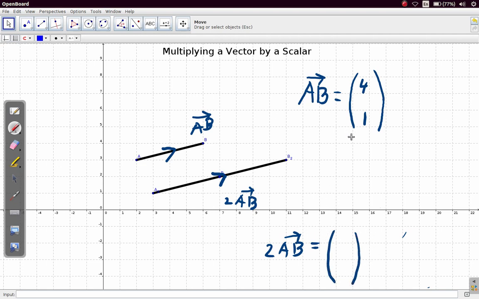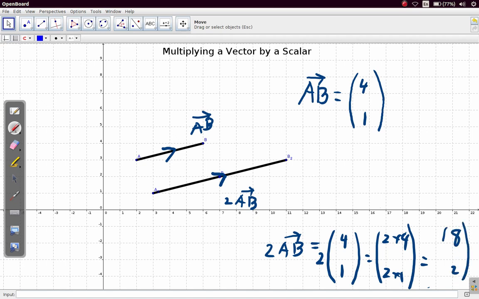Based on what we did earlier, 2AB should be 2 times (4, 1), which should be 2 times 4 up here, 2 times 1 down here, which should be (8, 2).